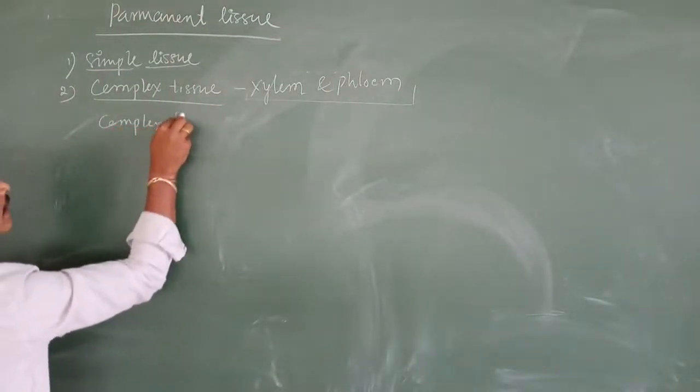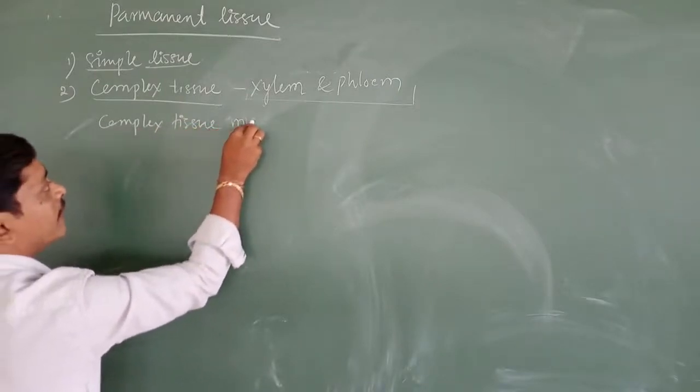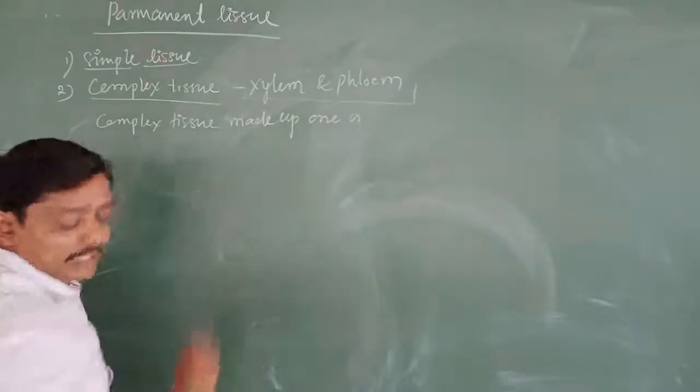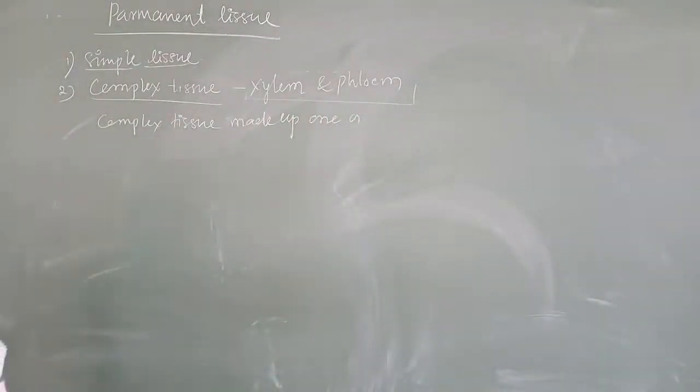A complex tissue is made up of more than one type of cells.